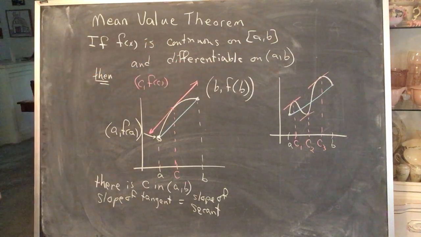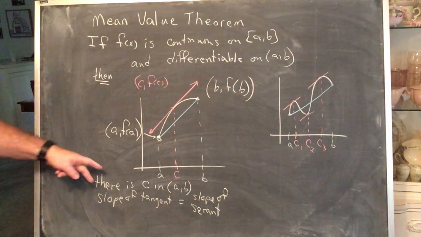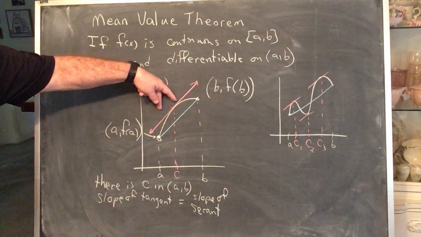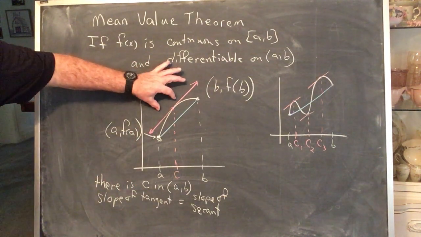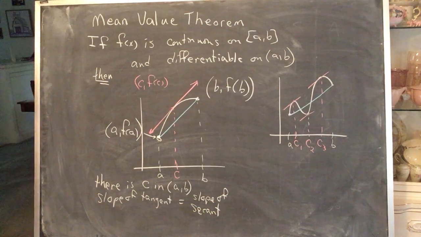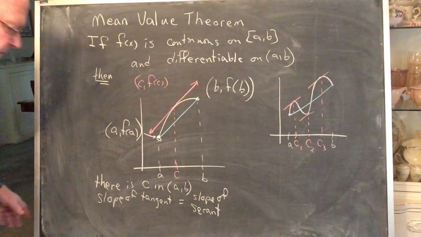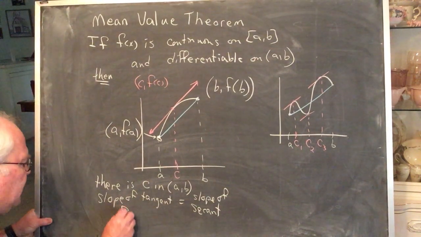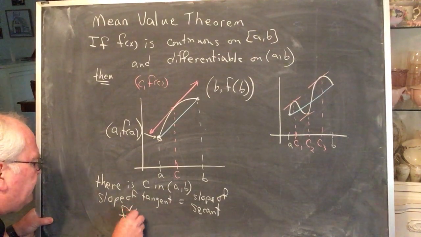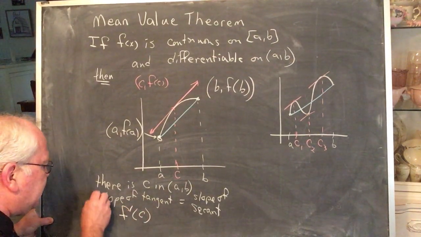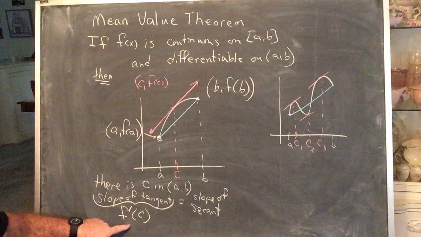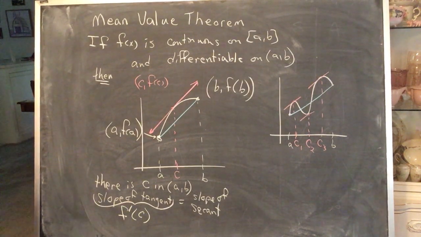Well, the slope of the tangent line is calculus code for the derivative. So when we say the slope of the tangent line there, what we mean is the derivative evaluated at C. So this phrase means the derivative of f evaluated at C. That's what we mean by the slope of the tangent line.